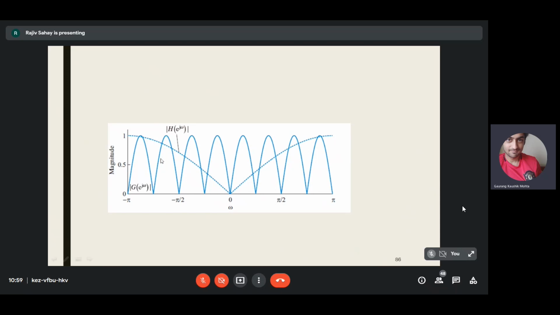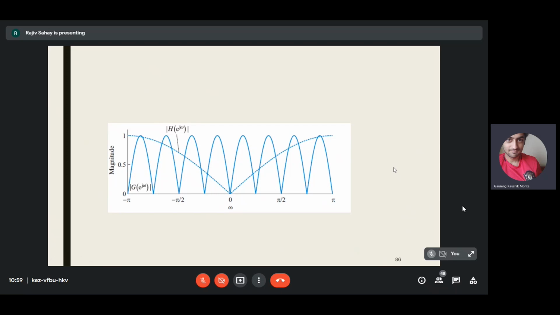So this dashed spectra is getting repeated here. Because of the periodicity property, you are able to achieve a comb filter. So it has multiple notches in the frequency range minus pi to plus pi. So this is a comb filter.